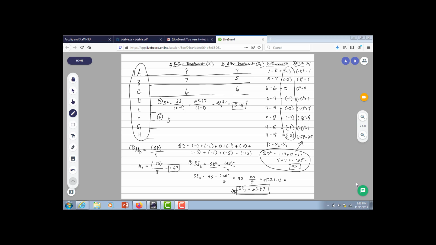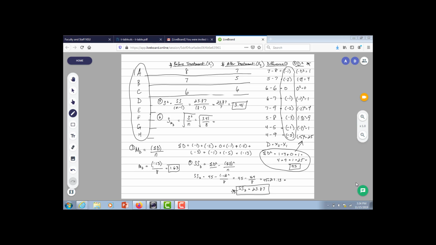to calculate our standard error of the mean difference. That formula is s squared over n, and we have to take the square root of all of it. So we'll drag step 5 down into the numerator here, 3.41 over 8. We're going to take the square root of everything.